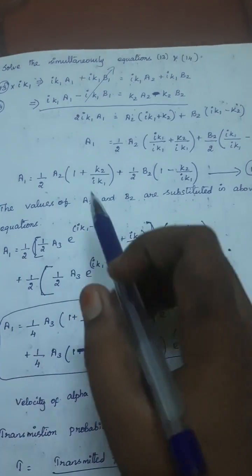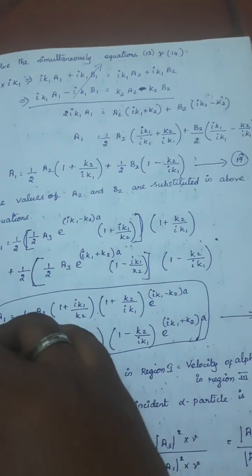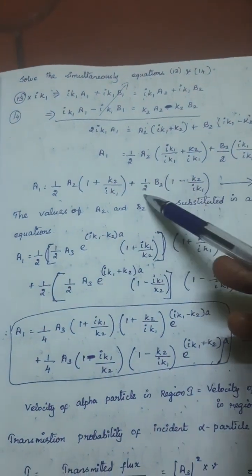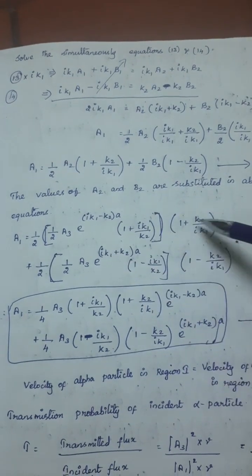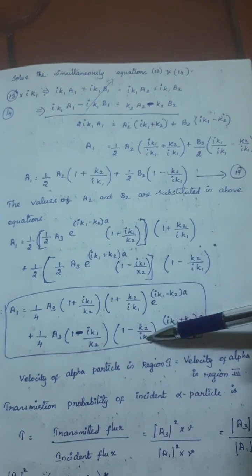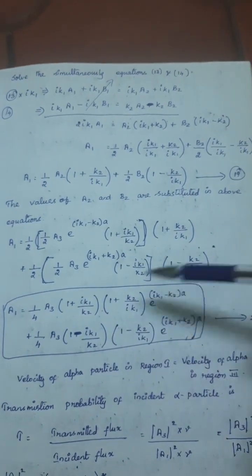Already we have calculated the values of a2 and b2 from the previous calculation, that is equation number 17 and 18. These two equations are substituted in this equation, and it is equation number 19. Automatically we get a1 in terms of a3 and some other terms.